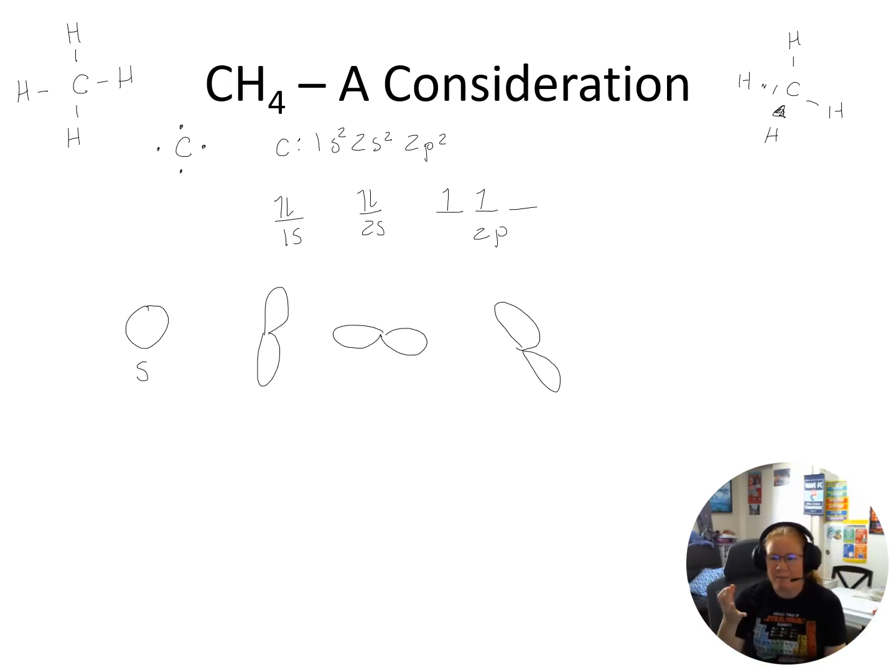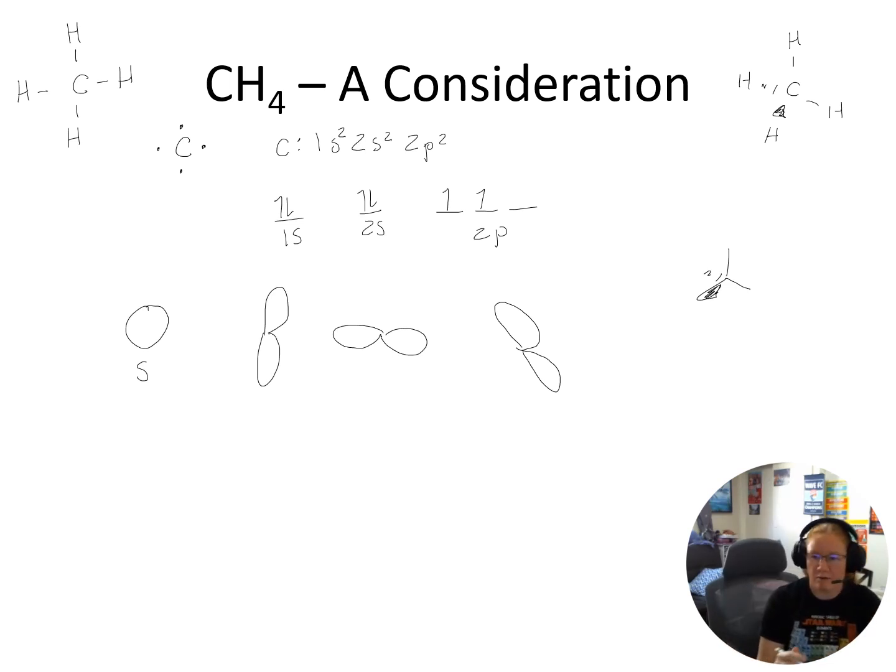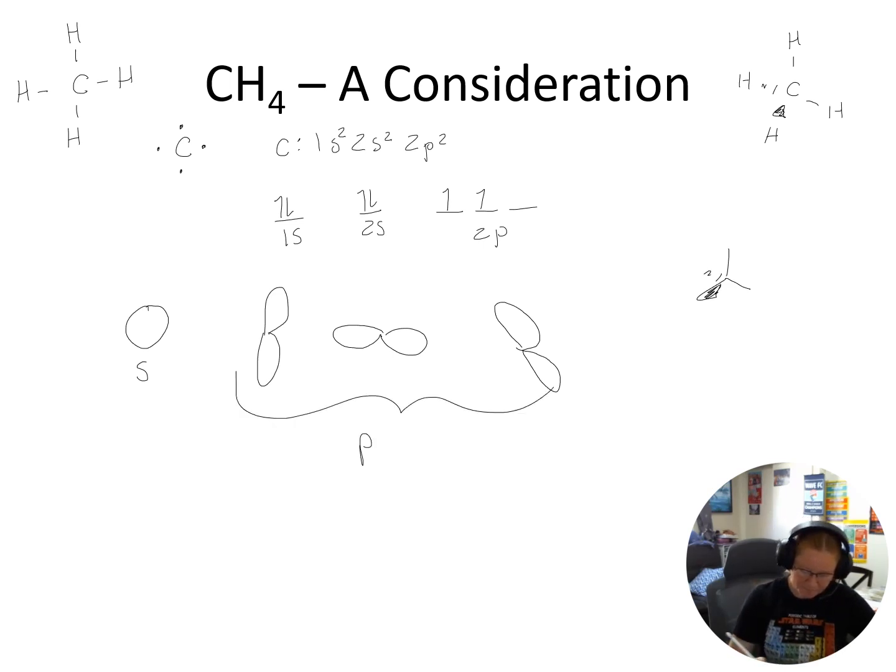But the point being is that when I overlap all of those, we don't get a situation where we have this, this, this, and this. So how do we go from carbon's 4 valence electrons, an s orbital, and these p orbitals, to something where we can get 4 unpaired electrons and a tetrahedral shape?